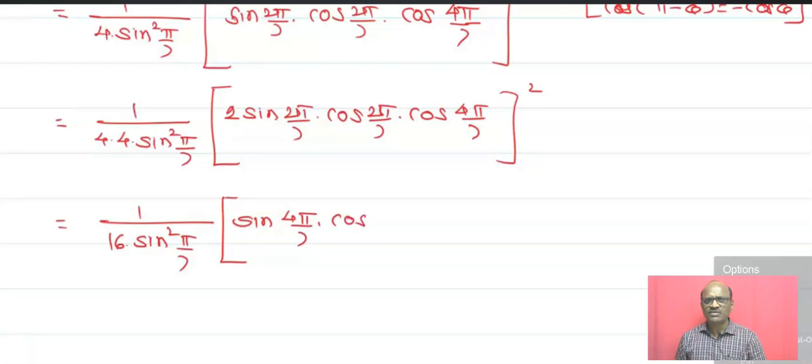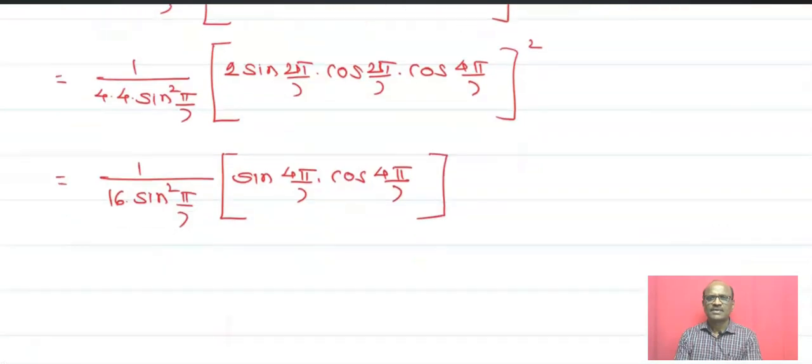Now here we have applied the formula, that is 2 sine theta into cos theta. This is nothing but sine of 2 times theta. Now this 2 into 2 will become 4 pi by 7, and the cos of 4 pi by 7. Again we adjust here 4 and again simplify. Now this is bracket square.